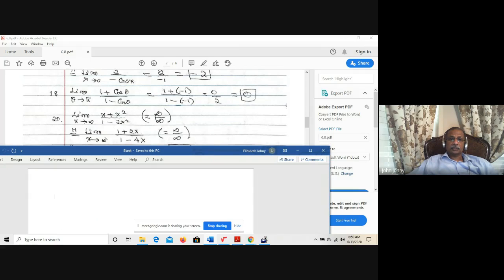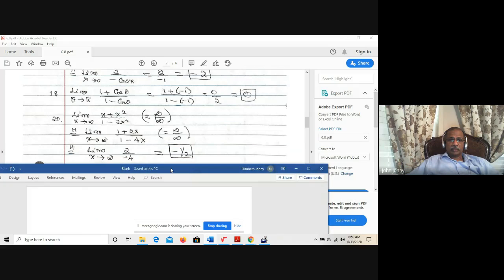Numerator 1 plus 2x, denominator negative 4x. Again you get infinity over negative infinity. Now again differentiate. 2 divided by negative 4, which is negative 1/2. I did not write the negative sign here. You don't have to.